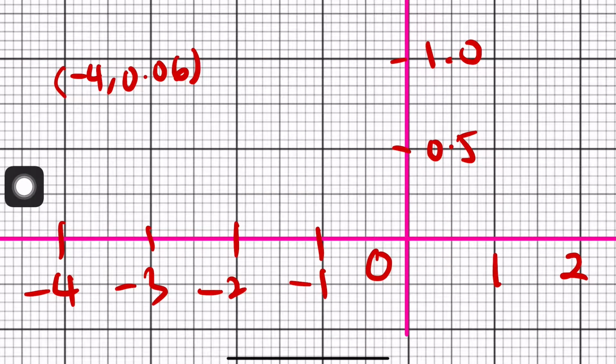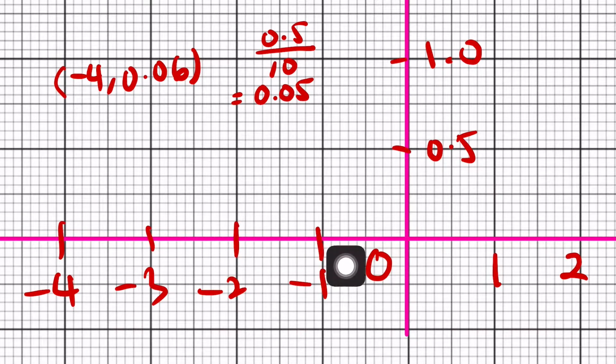So each box will be, press your calculator, 0.5 divided by 10, your answer is 0.05. Which means every small box is 0.05.